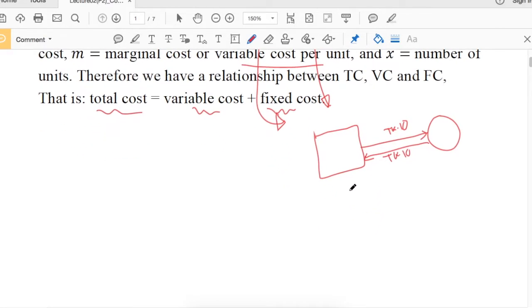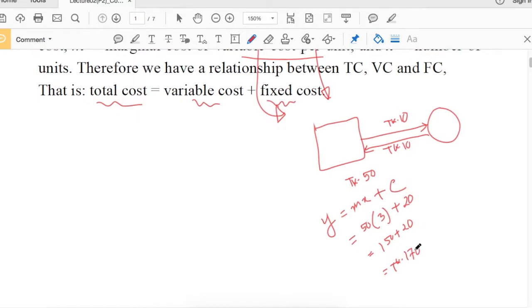So if I want to buy 3 marker and each marker has of cost taka 50, so the total cost y will be mx plus c, and here m is the variable cost per unit, which is taka 50, and I want to buy 3 marker, x equal to 3, plus fixed cost rickshaw rent taka 20. So the total cost will be 150 plus 20, which is taka 170.